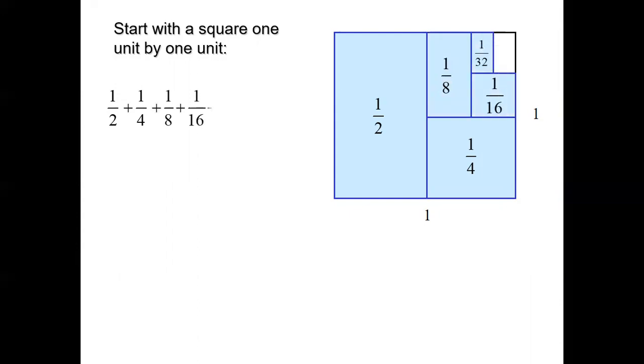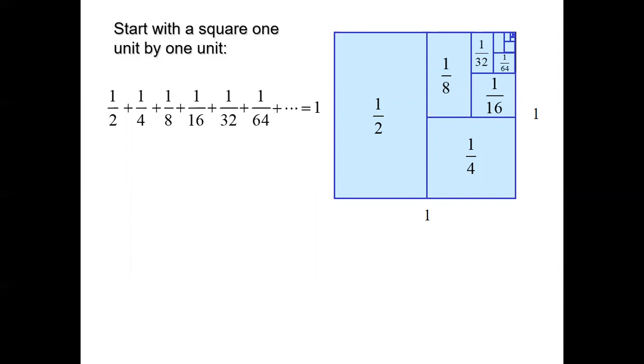Well, if I keep adding this over and over and over again, what will the sum ultimately be? If I could do this an infinite number of times, it's going to approach 1, the actual area of the entire square itself. So this is an example of an infinite series where we're adding up an infinite number of terms to see whether or not it approaches a particular value. And in this case, it does.